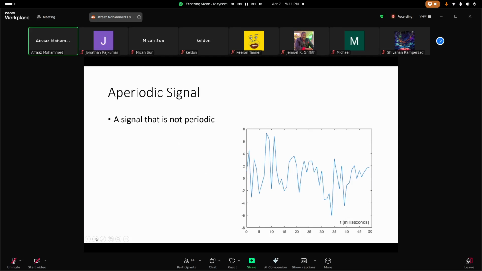Because signals from some systems are not periodic, they made the assumption that the period for those signals would be infinity, so basically an aperiodic signal with a period of infinity. That's how they looked at those signals to apply the Fourier transform. So that is the aperiodic signal.